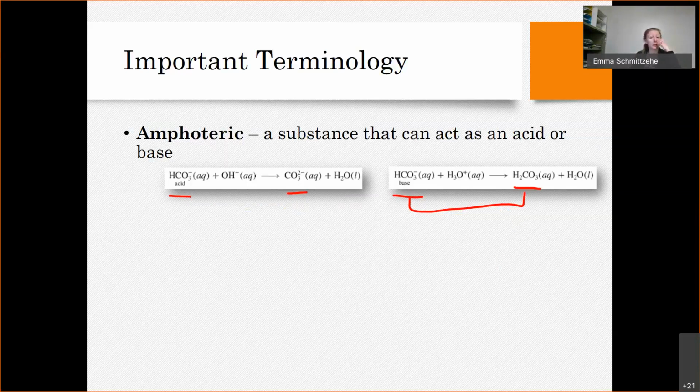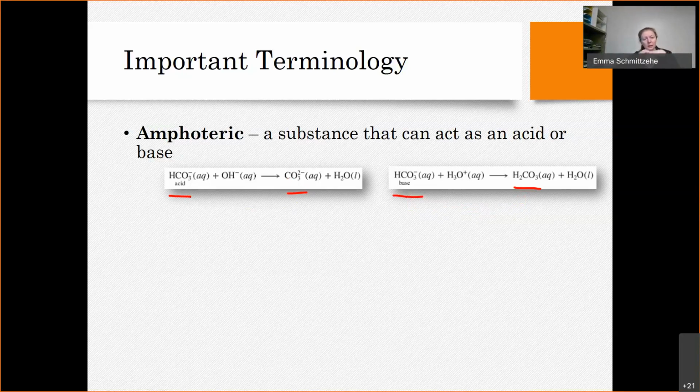It picks up an H plus specifically from the hydronium ion that it's reacting with. Since the hydronium ion has an extra H plus and is willing to give it up, and there's something with a negative charge around, it will take it. So here we have it acting as an acid and as a base. That's an amphoteric substance.